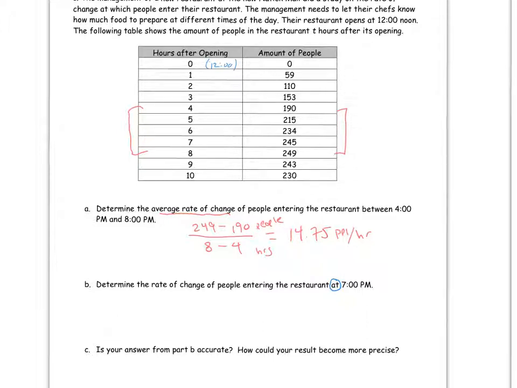So I'm going to say that the instantaneous rate of change at 7 p.m. is going to be about equal to, meaning this is the best estimate we can do. So whenever you're asked to estimate the rate of change at a point and you're given a table, you always use the points surrounding it. And I'll show you why in a second.